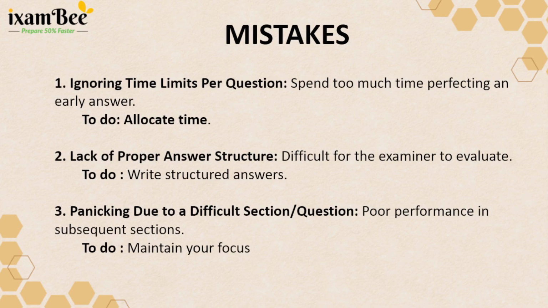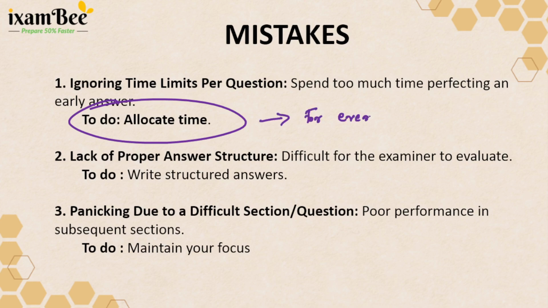You will be exceeding the time limit you are supposed to allocate for a particular question, and you might lose your chance to score more. Now, what to do here? You need to allocate your time accordingly for every question. This should be done for every specific question.